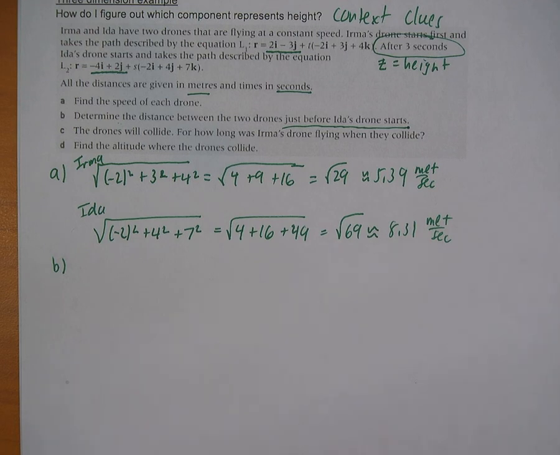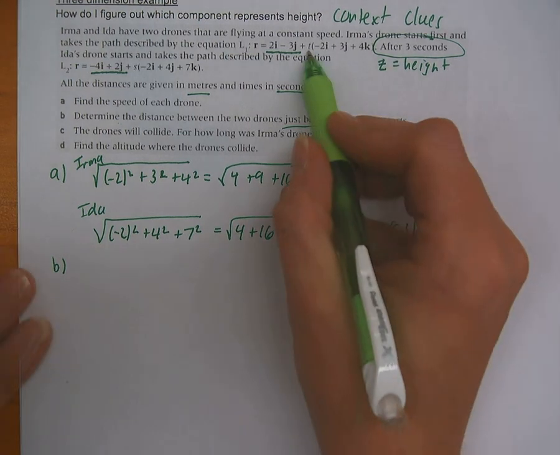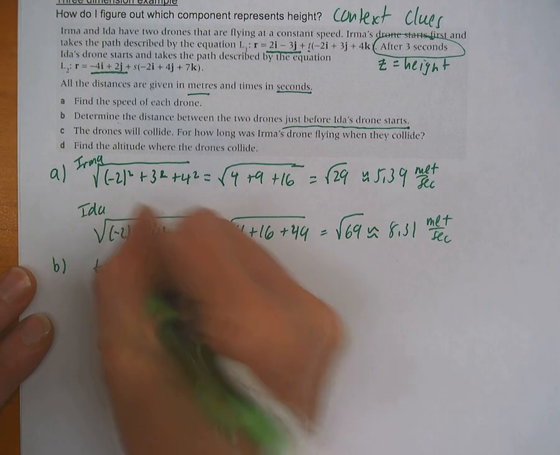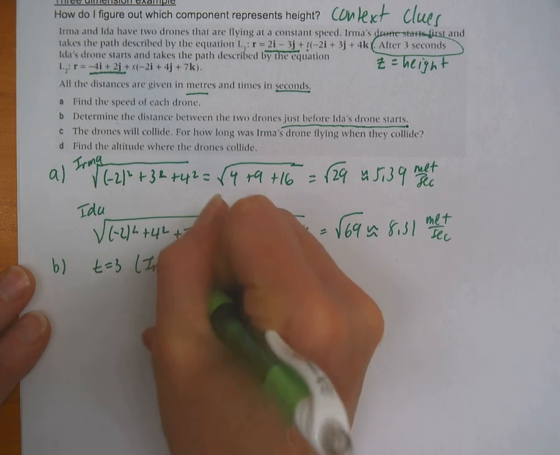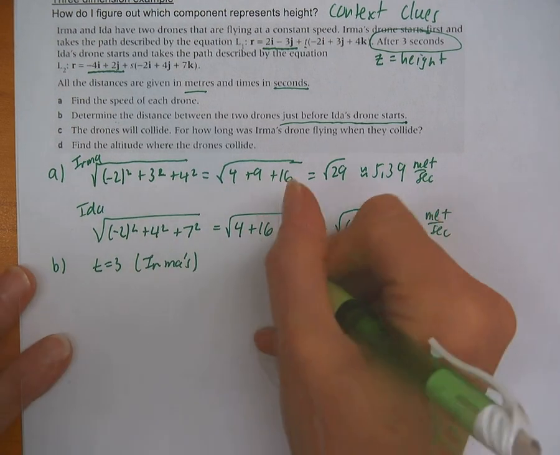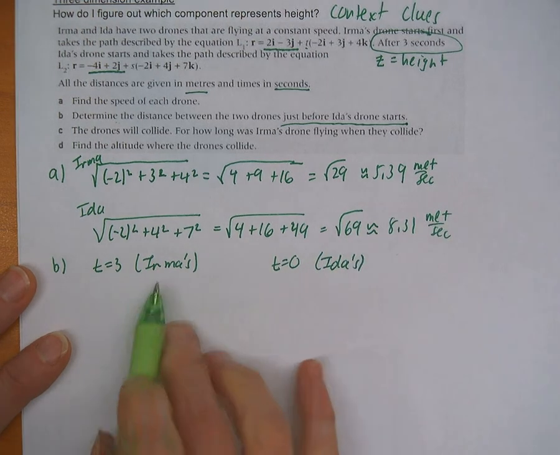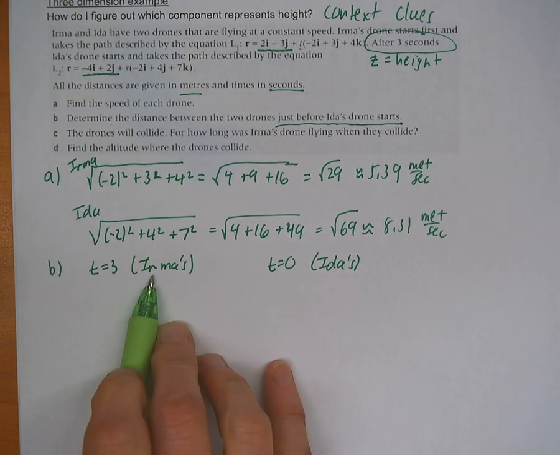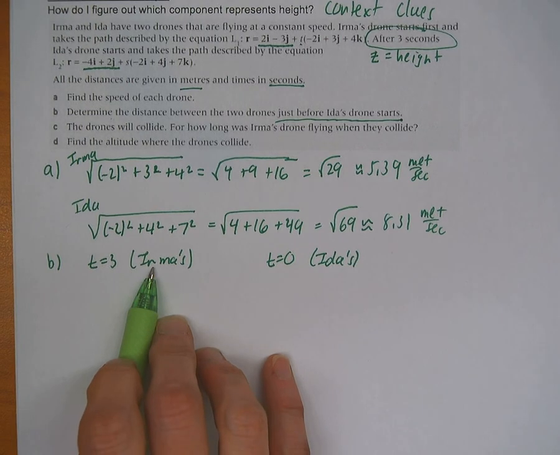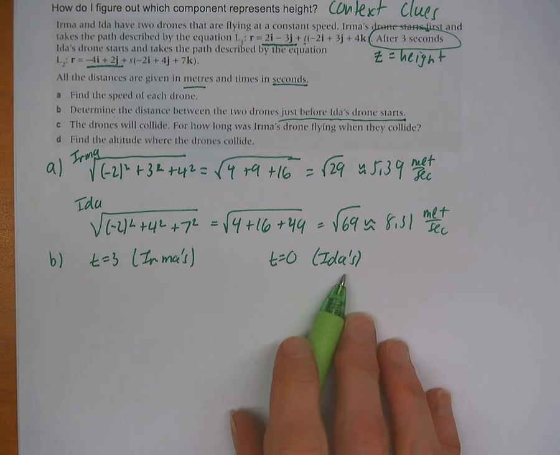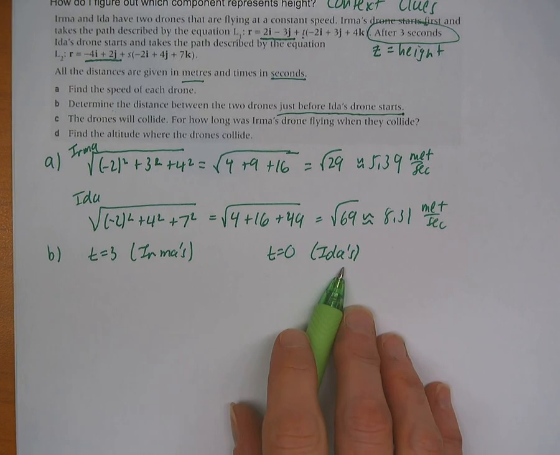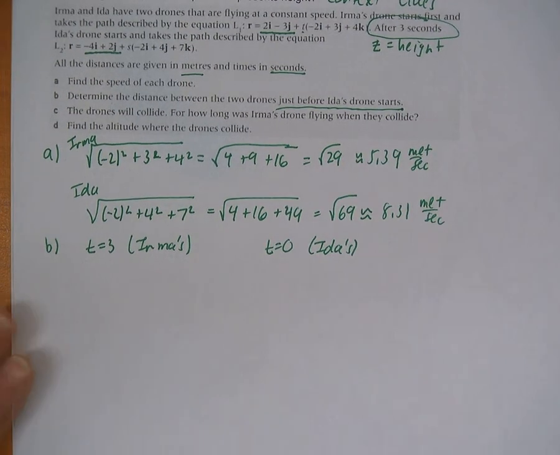So if we want the distance between them just right as Ida's drone is starting, that means we're going to plug in t equals 3 for Irma's equation and t equals 0 for Ida's. Because Irma's already 3 seconds in to her drone's path, whereas Ida's is just about to start. So that little detail was important.